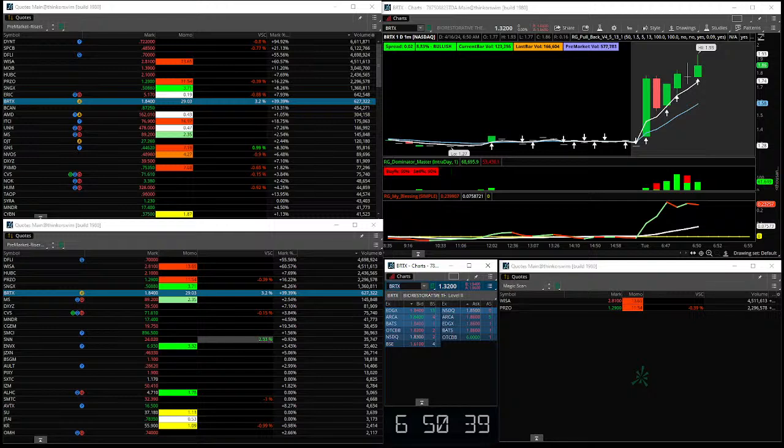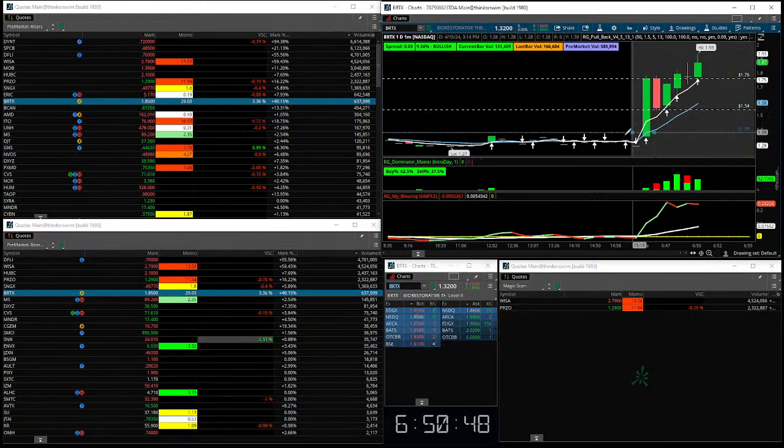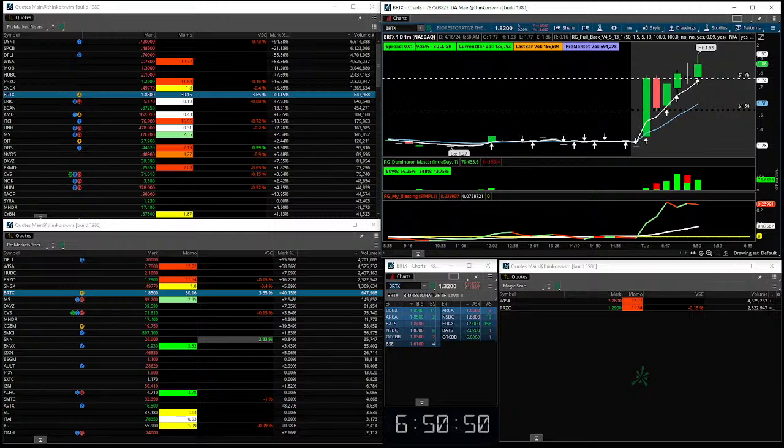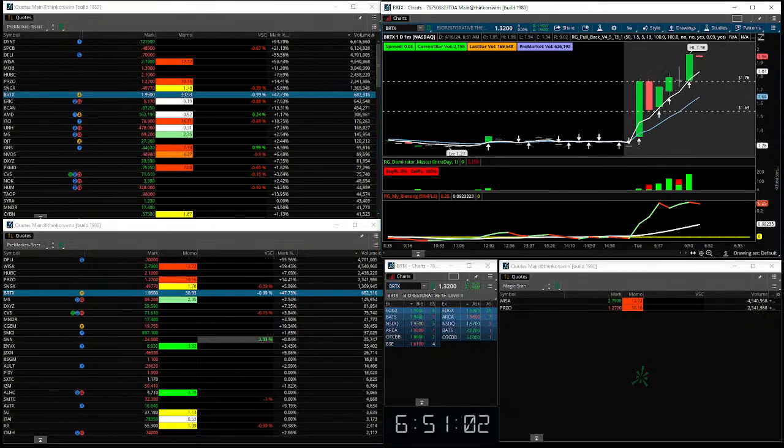We missed the pullback because it didn't find the stock till too late. The pullback was in this area here, right between here. As of this point, would be chasing green candles. I don't suggest you do that, but sometimes it pays off if you're brave enough. Continuing to go up.